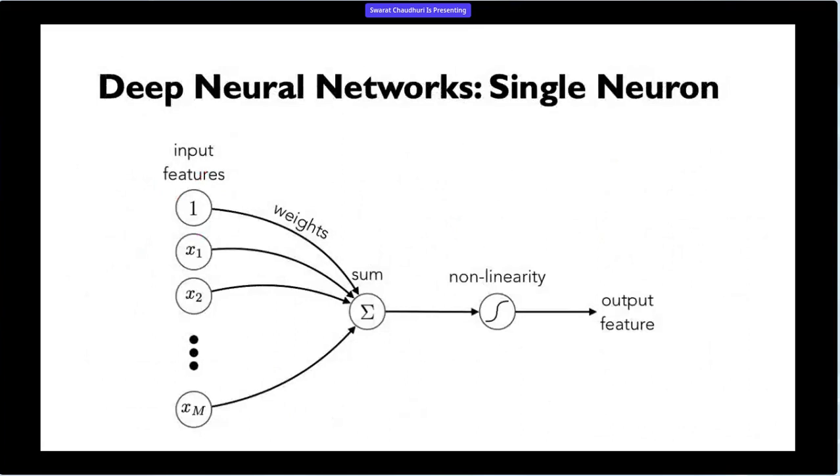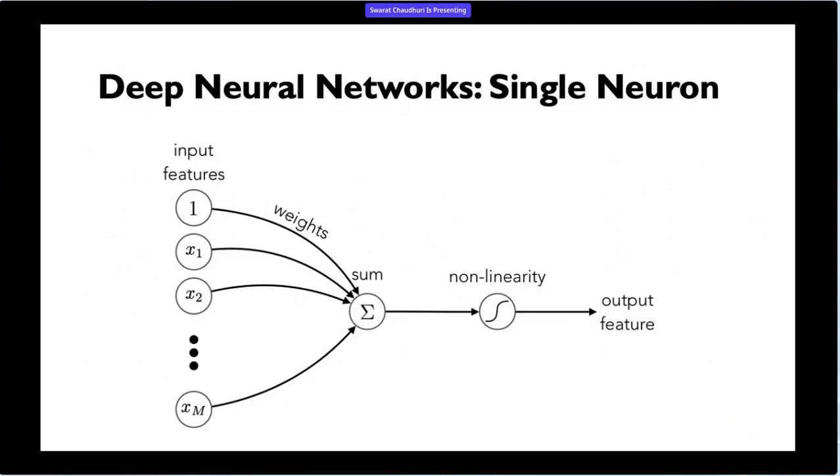Now, in this tutorial, again, our starting point is deep learning. So we are going to be focusing on these deep neural networks, which are nonlinear models. At its simplest, if you just think of a single neuron, what goes by the name of neuron in this world is a function that looks like this.